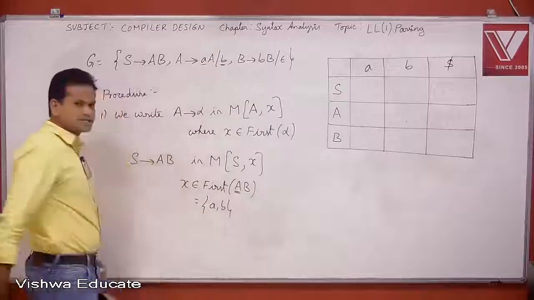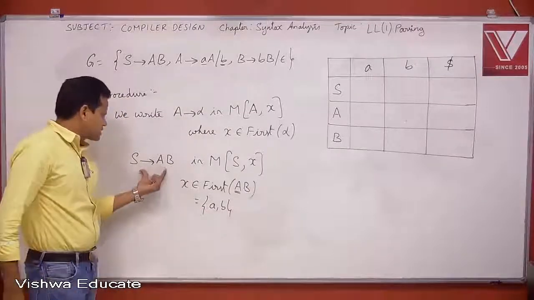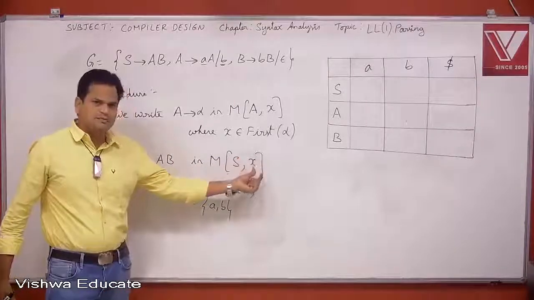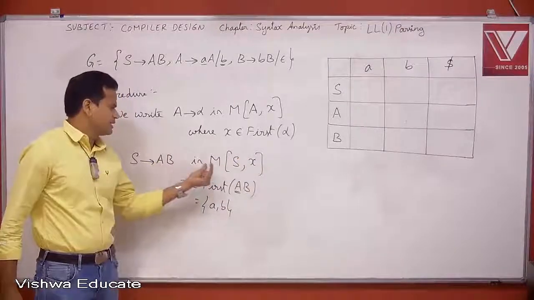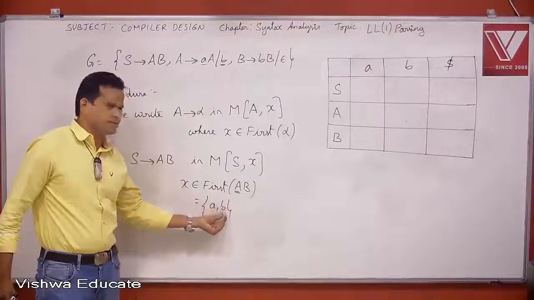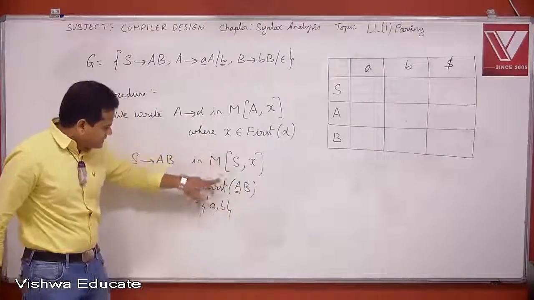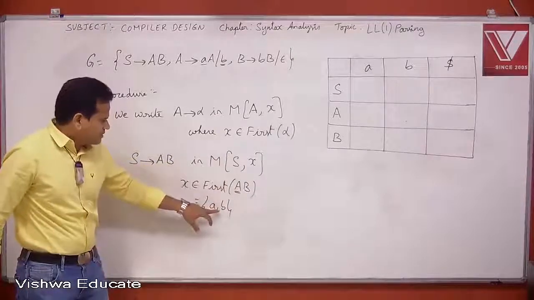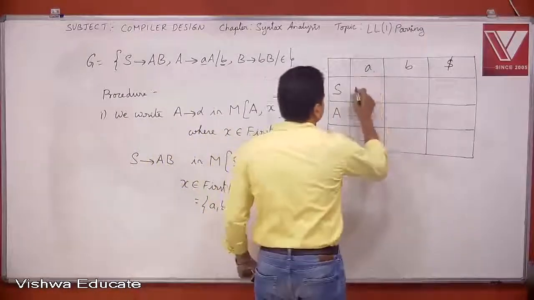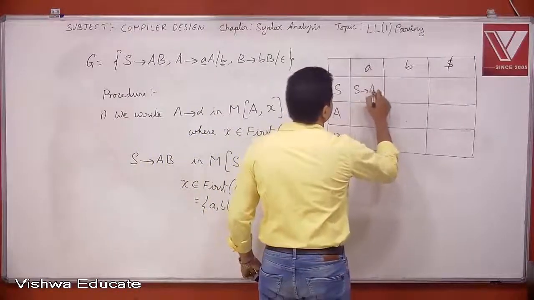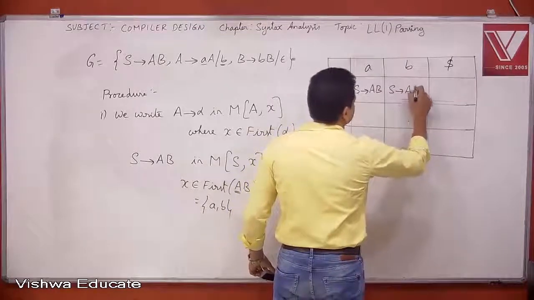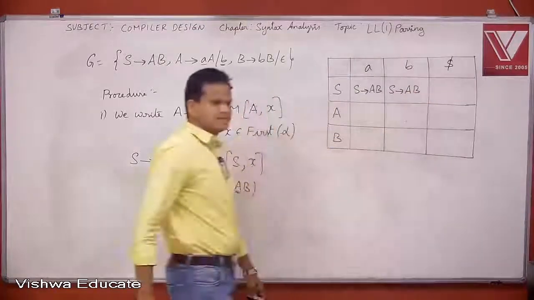I repeat, we take this production and fill it in the S row and x column, where x is first of AB, and first of AB is first of A, and first of A is A comma B. So in S comma A and in S comma B, we write this production, because there is AB.